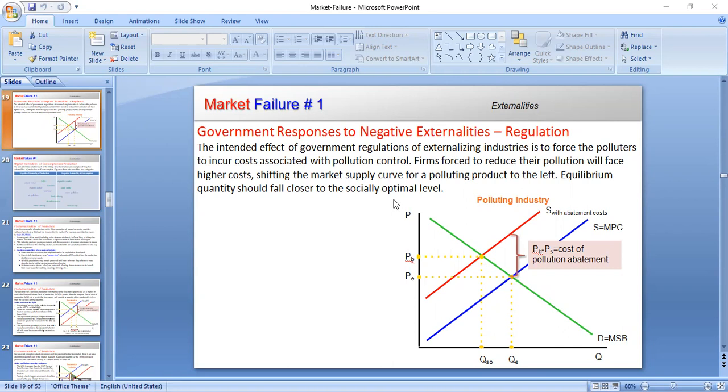So when the government reduces the taxes on the pollution abatement equipment, of course, the cost of reducing pollution will be lower for these polluting farms.